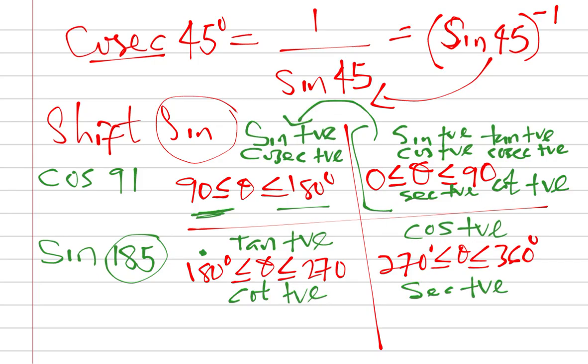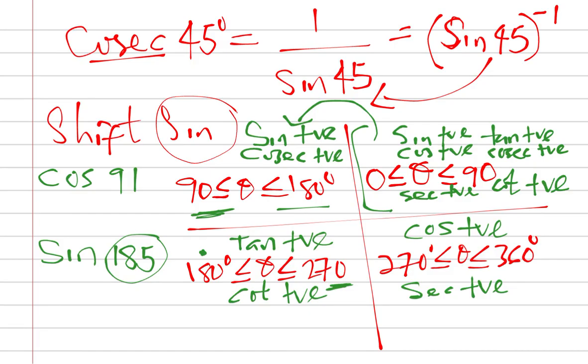But if you press cos 270, you will get negative, because 270 is still under the third quadrant. But once you press 270 point something, it has entered the fourth quadrant, and that will give you a positive answer. So that is what I want to explain to you here.